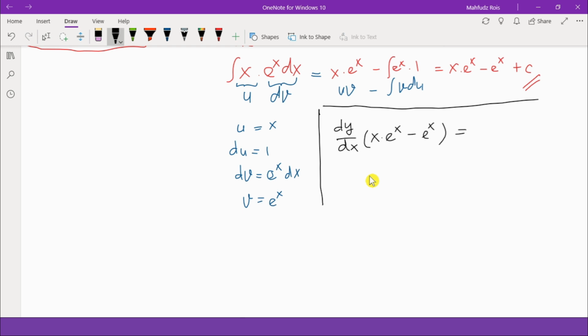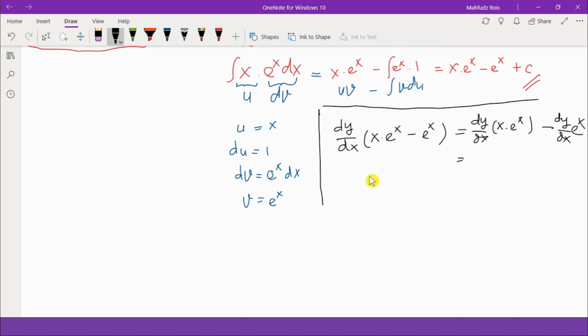Now this product also uses uv, right? So we need to differentiate it one by one. It will be dy over dx of x times e to the x, and also the derivative of e to the x.